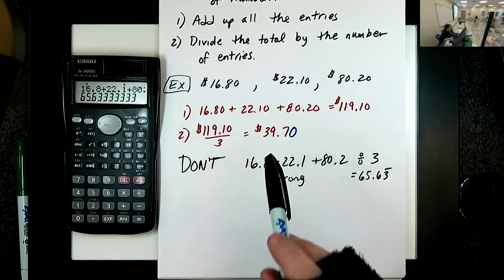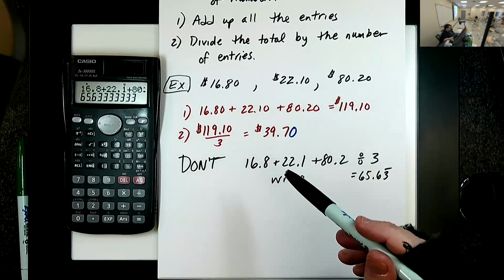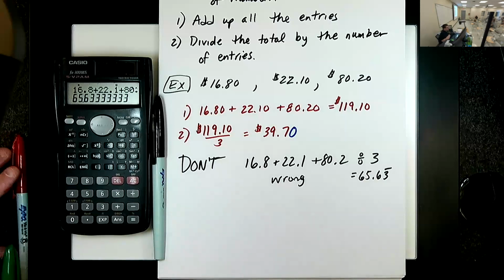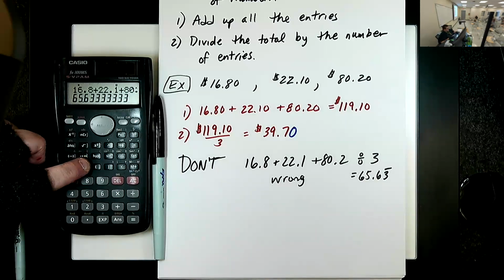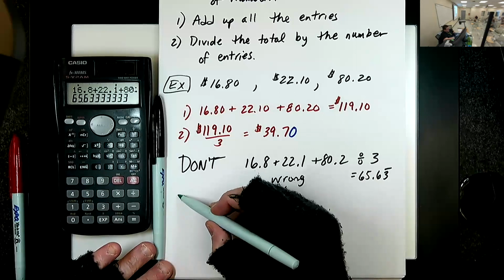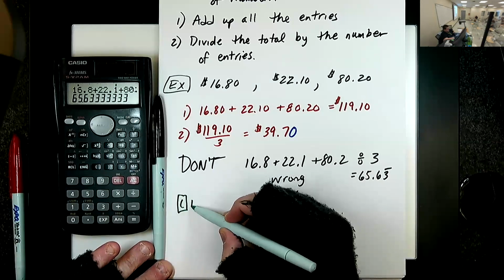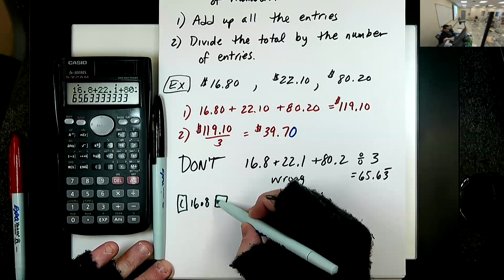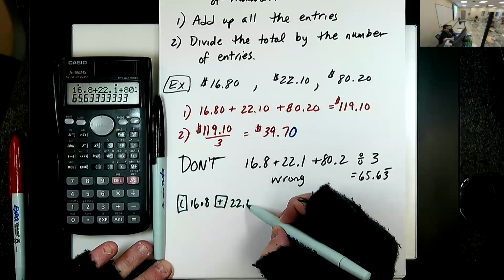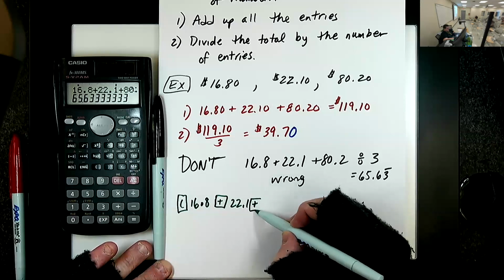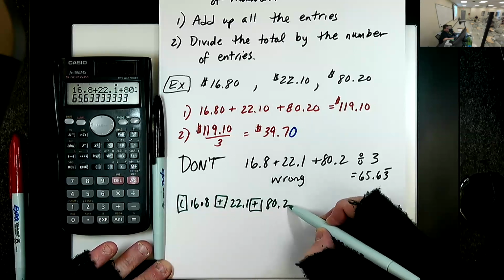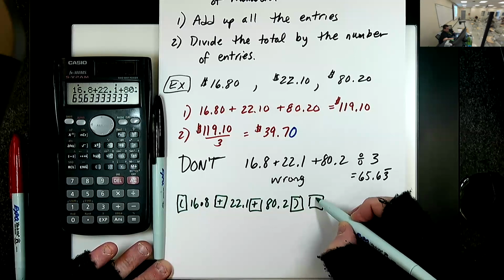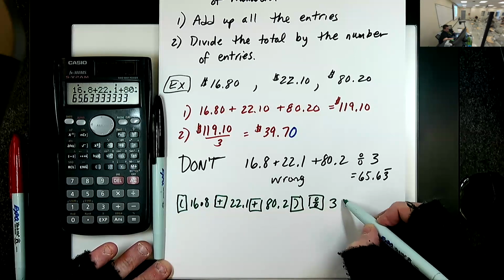If you really want to do it all as one, and you're one of those achievers, you can do it, but you need to use the parentheses key. I have a parentheses key right here. I can do parentheses 16.8 plus 22.1 plus 80.2 end parentheses divided by 3 and then equals.